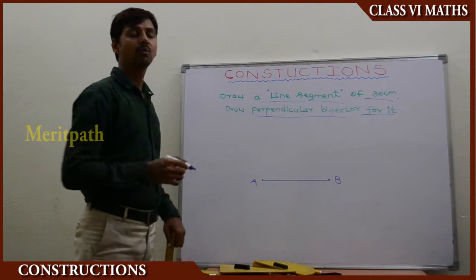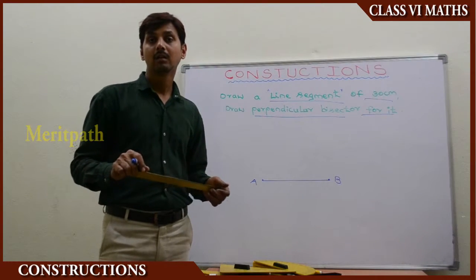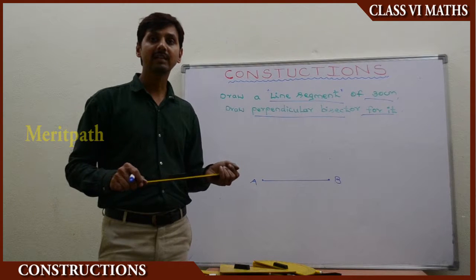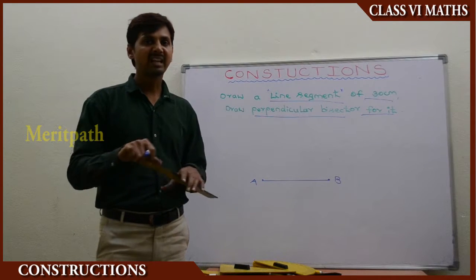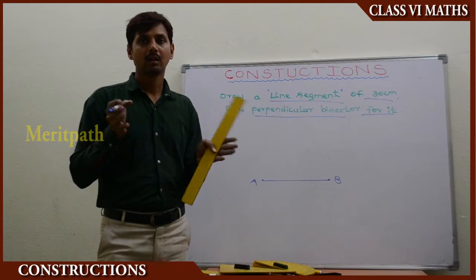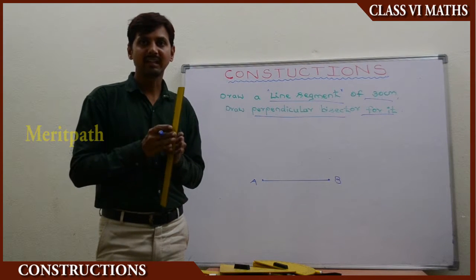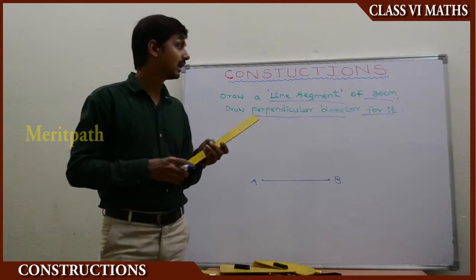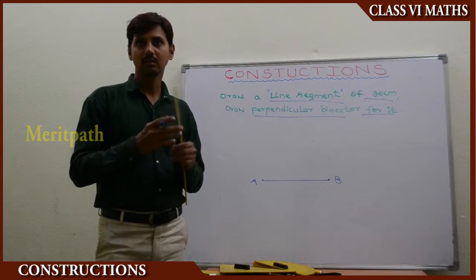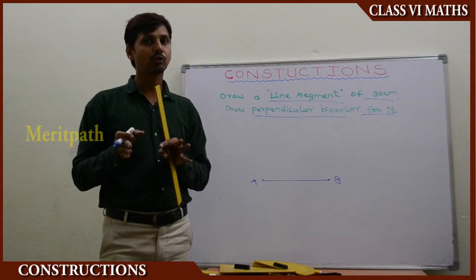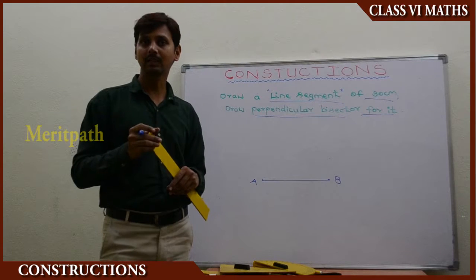So let's see what a perpendicular bisector is. The meaning of bisector is making something into two equal parts. The line segment that is divided into two equal parts, we call that a bisector.